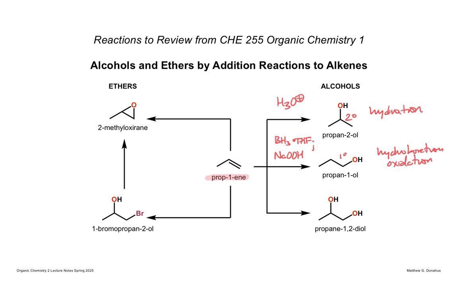The last one, you get both, a primary and a secondary. This was called dihydroxylation. And that used osmium tetroxide or potassium permanganate. This would be an example of these two reagents here.